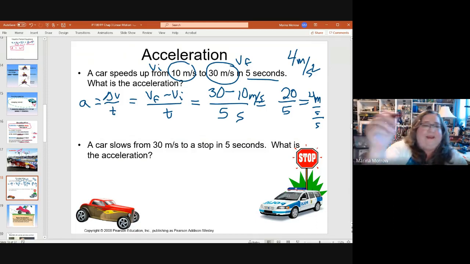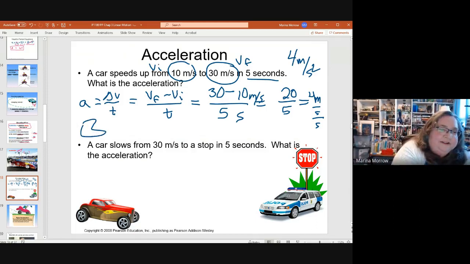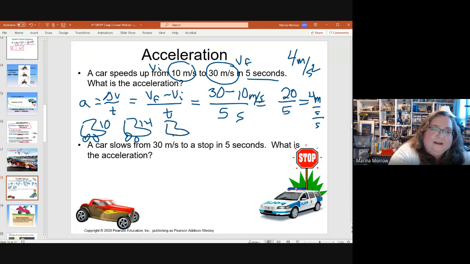Okay, so what does that mean? Well, if you had a car, and it started out at 10, after 1 second it would be going 10 plus 4, right? It would be going 14. That's the meaning. It gains 4 meters per second every second. So 1 second after that, it would be going 14 plus 4, 18. Another second after that, 18 plus 4 would be 22.